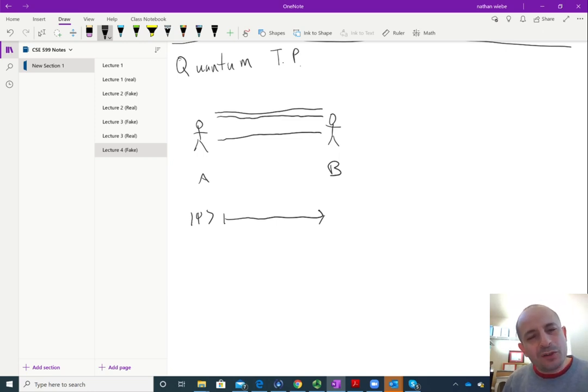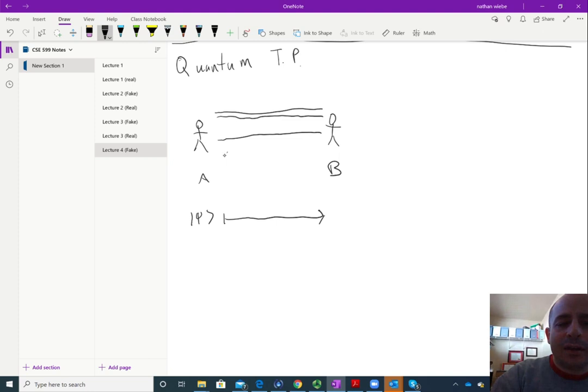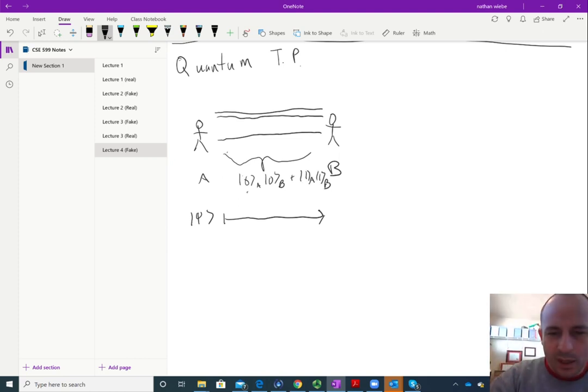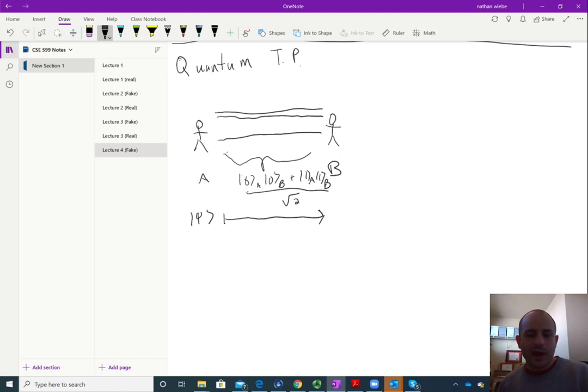So what they can do is they can actually pre-cache their communication by sharing a bell pair. So by sharing, to begin with, half of a bell pair, which I'll write 0A 0B plus 1A 1B beforehand, and the A and the B mean that this part is specifically controlled by Alice.